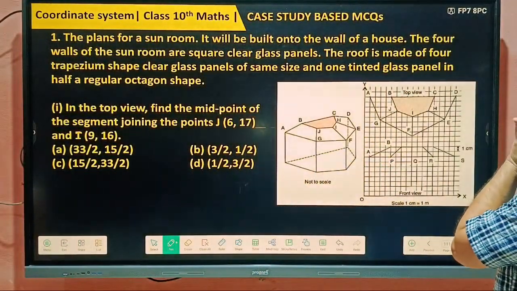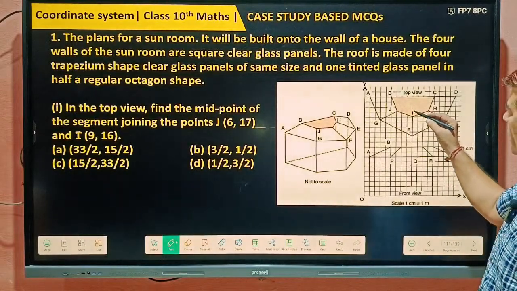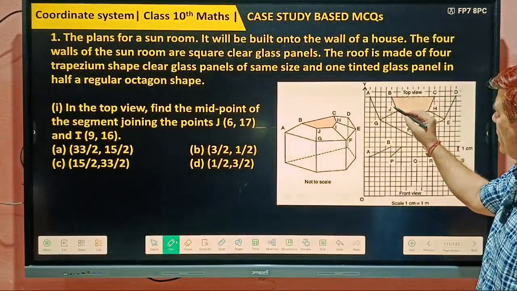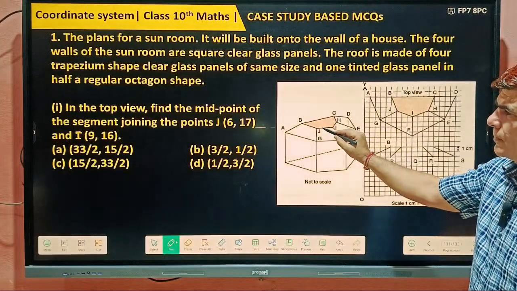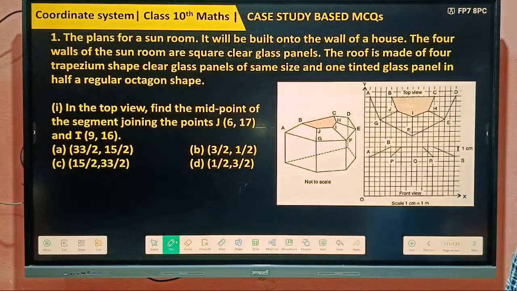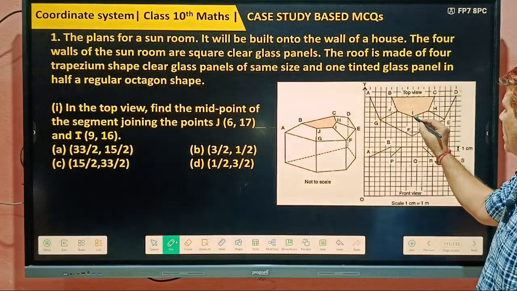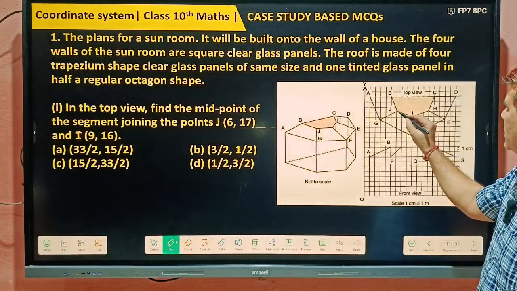Find the midpoint of the line segment joining the points J and I. Where is J? Here is J, and I is here.